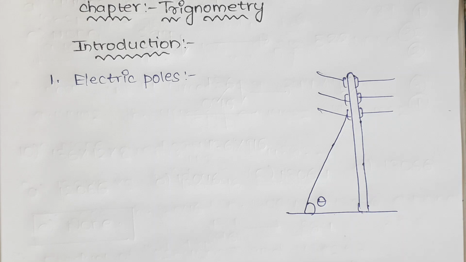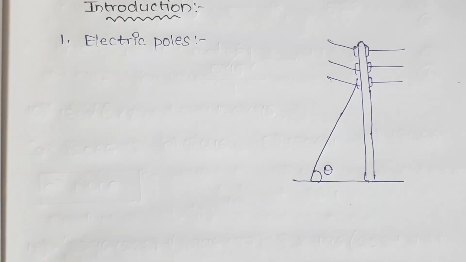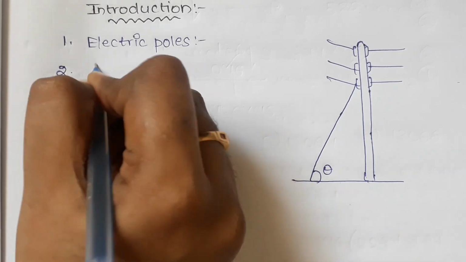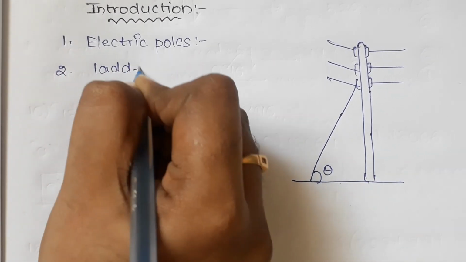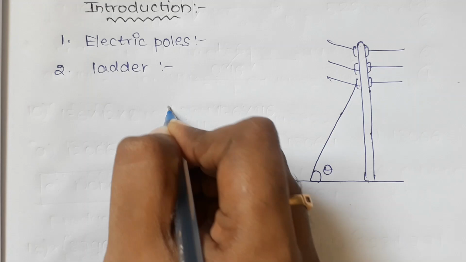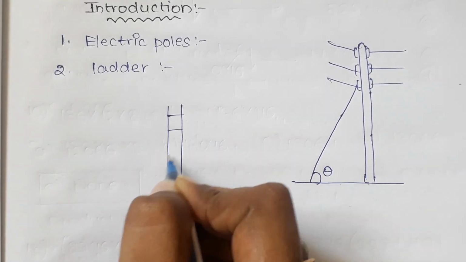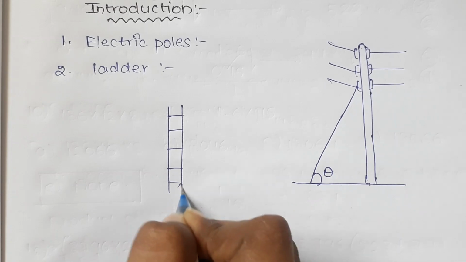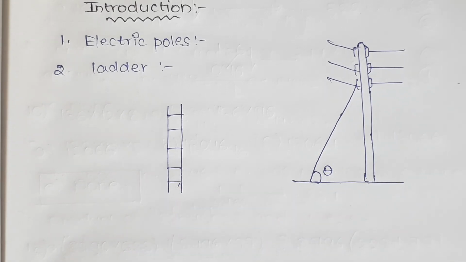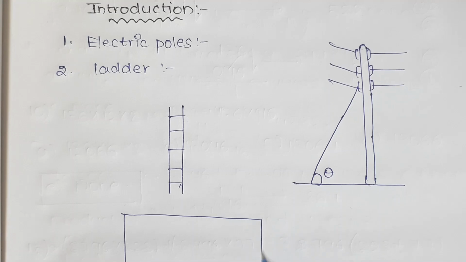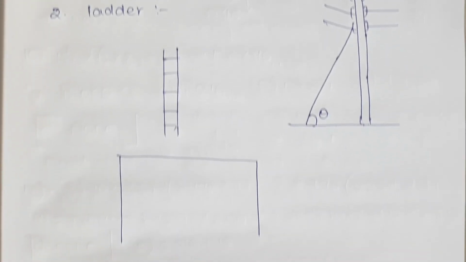Let us see another one, that is the ladder. We know the shape of the ladder. Let us see the example: if a person is whitewashing a wall with the help of a ladder, and here is the wall.